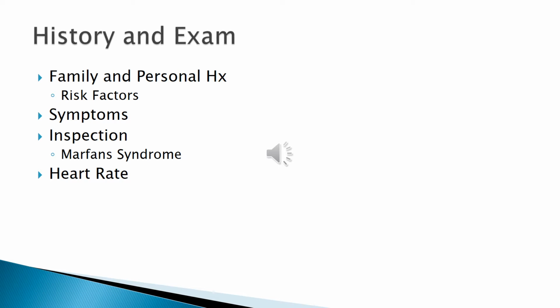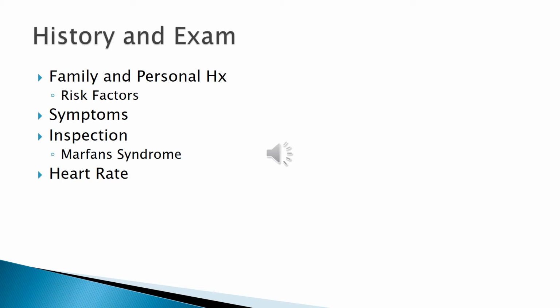So looking at the history and exam and some things that you would want to kind of look at in individuals when you're doing a history. Again, getting obviously a family and personal history, looking at some risk factors. One of the big ones being a history of sudden cardiac death in the family, and someone who's under 40 is a very strong risk.